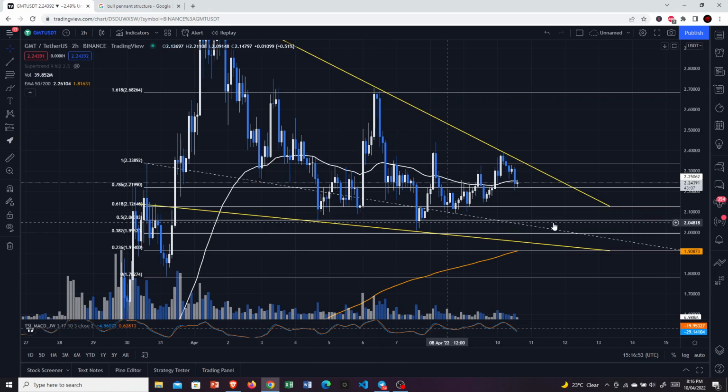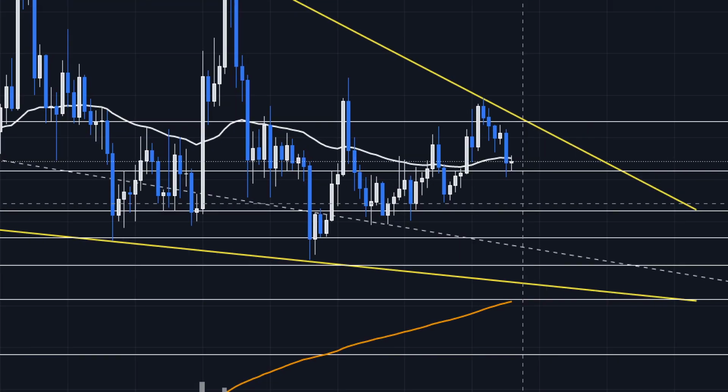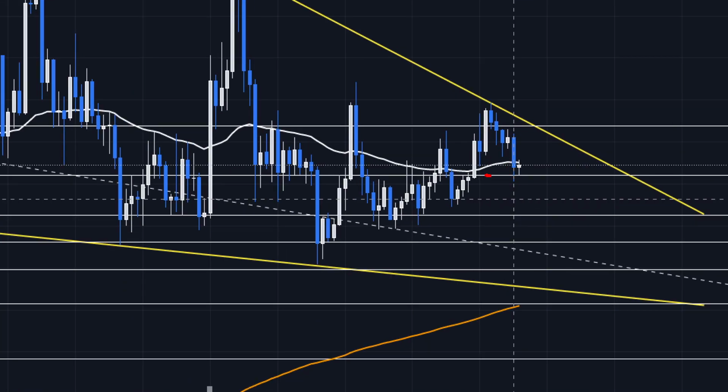So these supports need to be respected, and in my opinion, if GMT is going to come down right now from this support over here, for example, if this support at the 2.2 level gets broken, then we can possibly see GMT retesting this level of 2.1, and previously we have bounced from this support a lot of times over here.